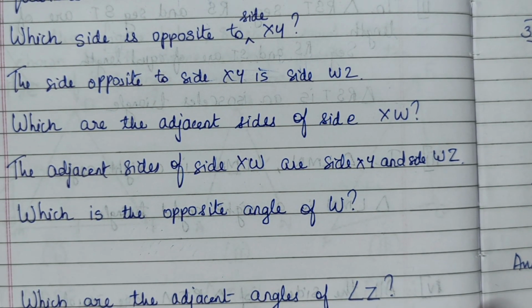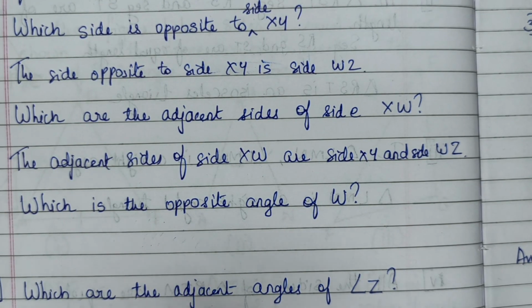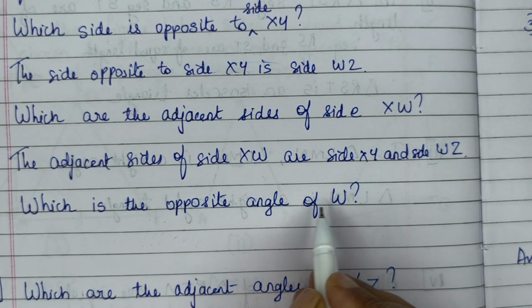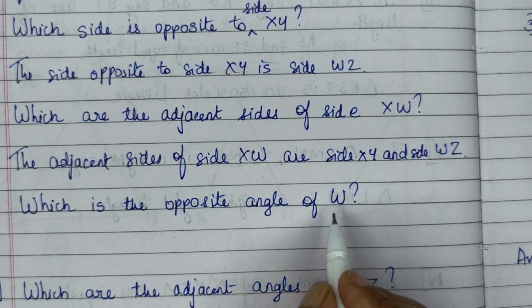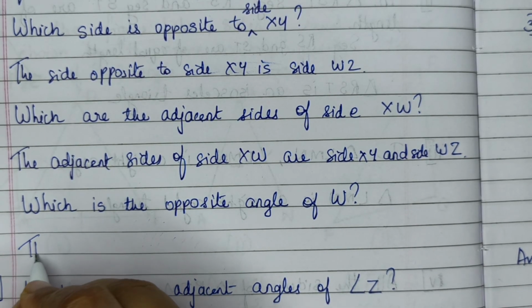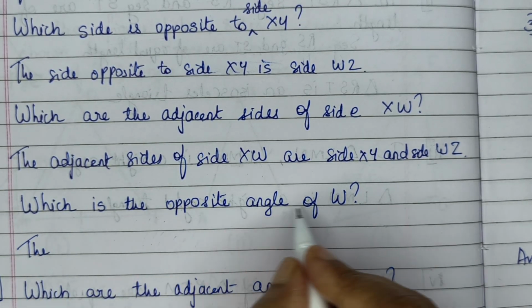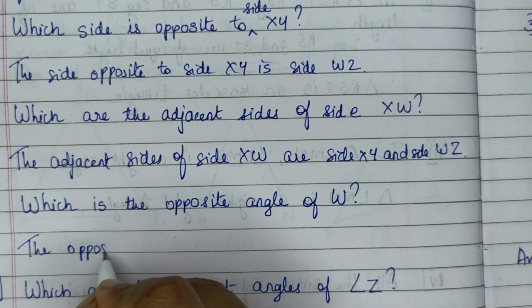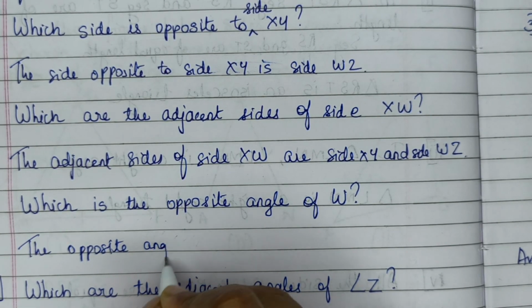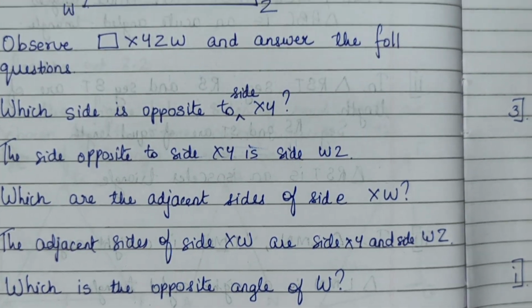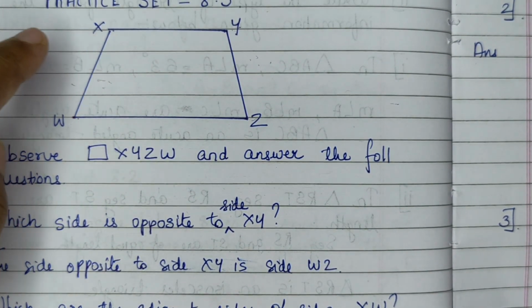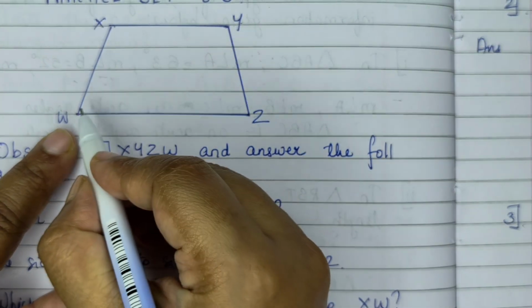Now see the third question here. We have, which is the opposite angle of W? I'll just write the statement and then I'll show you. The opposite angle of W is, see now, go to the figure, this angle they have asked.